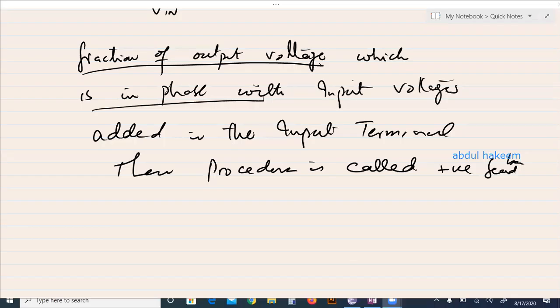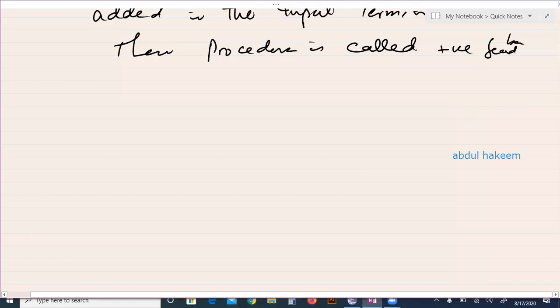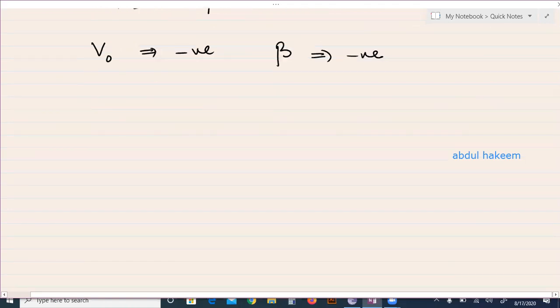Okay, now suppose output from the operational amplifier is negative, then its fraction beta will also be negative. And this negative fraction of the output is added in the input terminal, then it is called negative feedback.